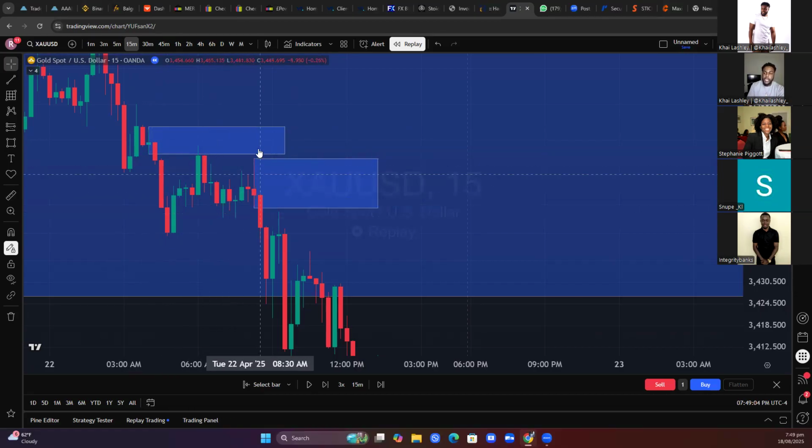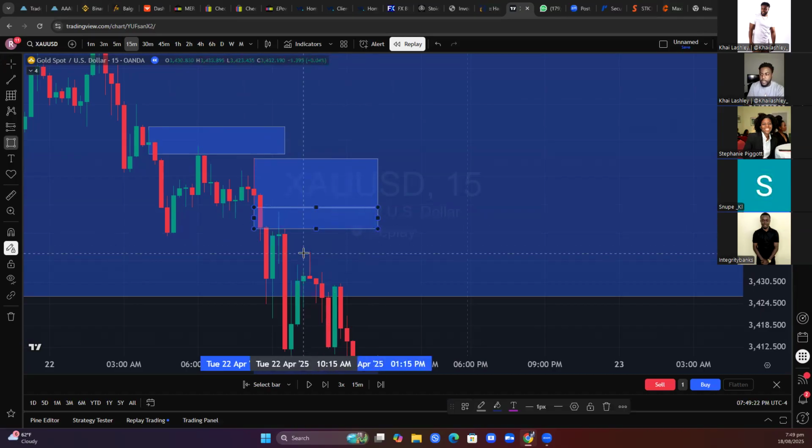Then price again gave us this candle here, which created the imbalance. You see the imbalance was created here, this three candlestick pattern, one, two, three, and between here and here is where the imbalance was created. Everybody following?